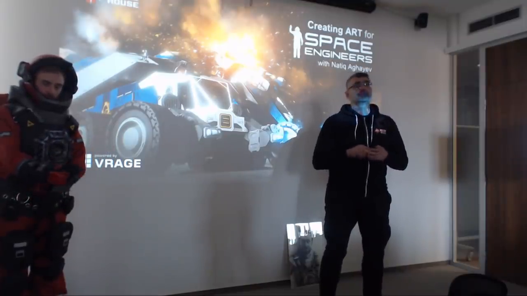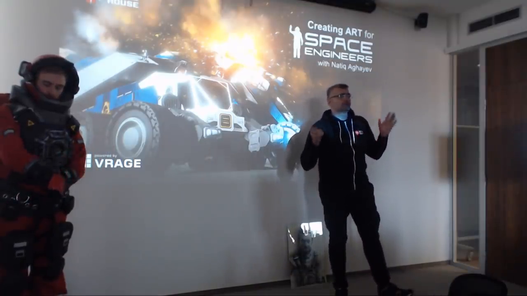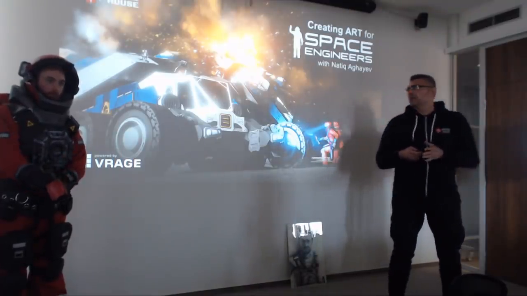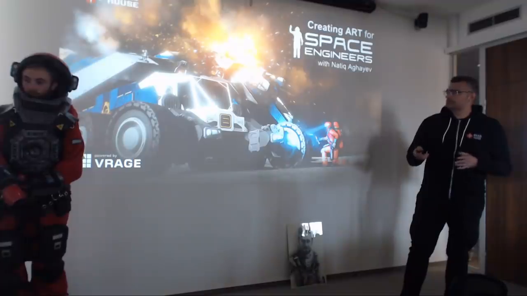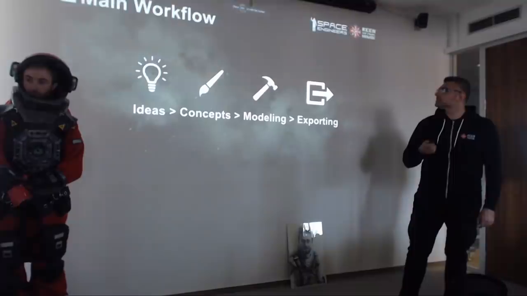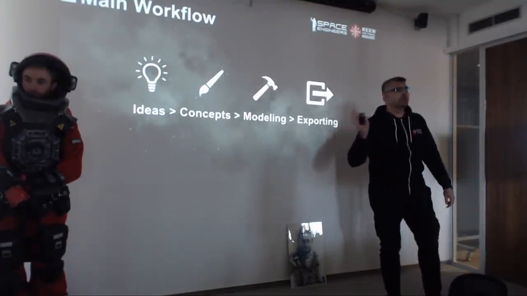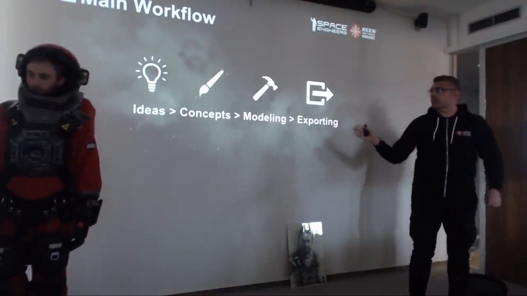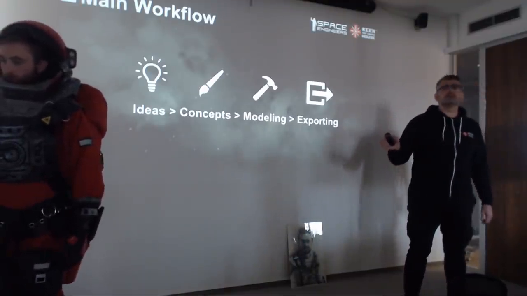All right, so let's start. What we're doing currently in our team, and this is a malfunction. Let me test it. Yeah, now it works. So this is briefly the workflow that we have in our team. It all starts with ideas.